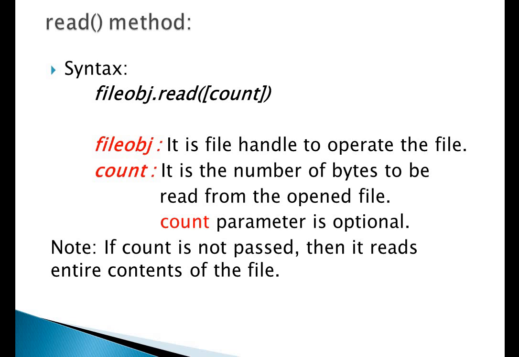So this is the difference between two read methods. First read method, which is not accepting anything, and second read method, which is accepting the number of bytes that you want to read, and this number will be passed as the count. We will see this with respect to program.